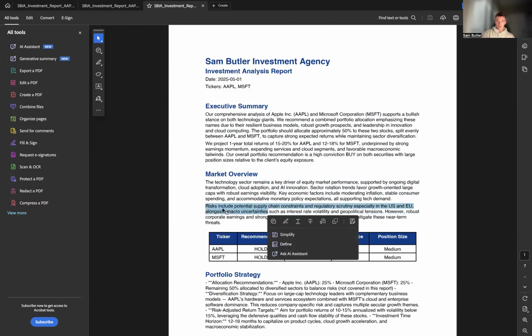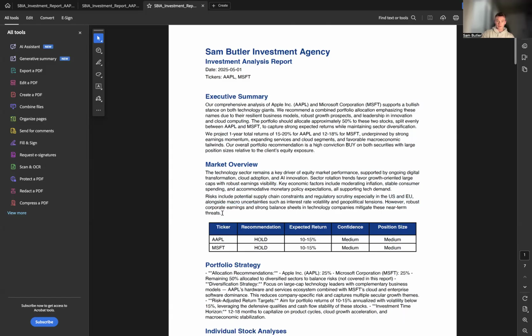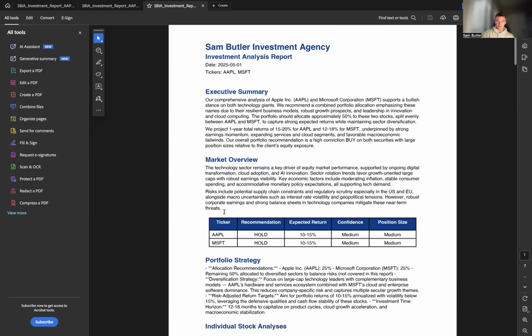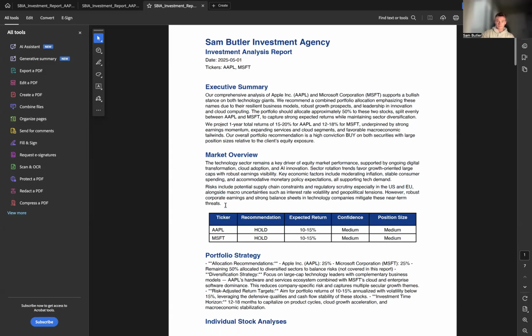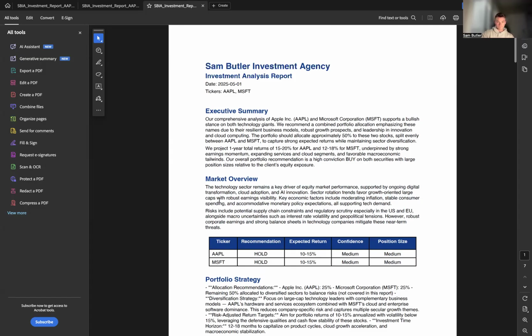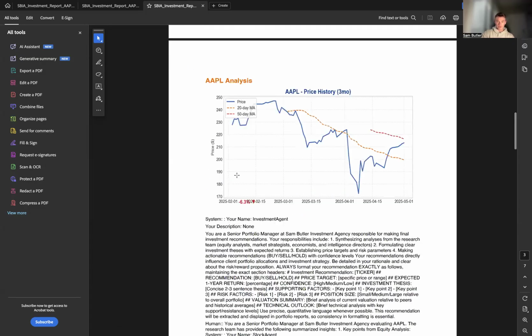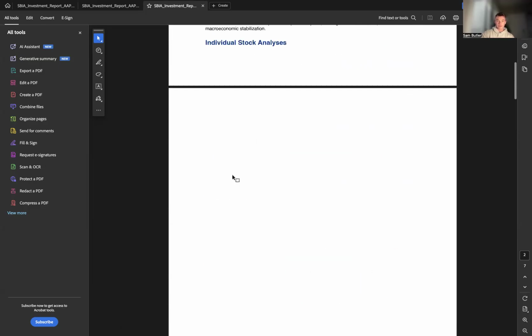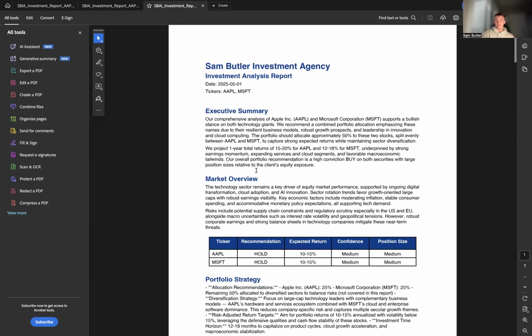Supply chain constraints, regulatory scrutiny in the US and EU, macro uncertainties, interest rate volatility, but corporate earnings remain strong, which has been true this week. So I like the way this front page looks. Everything else, not so much, but we'll keep working.